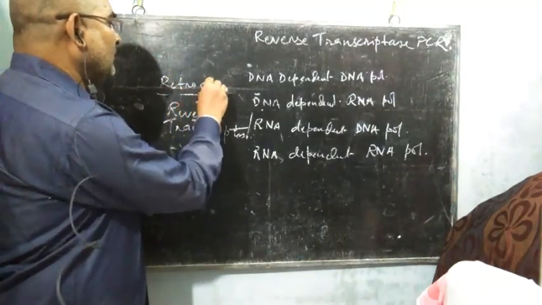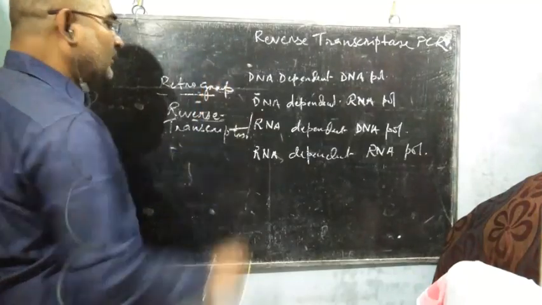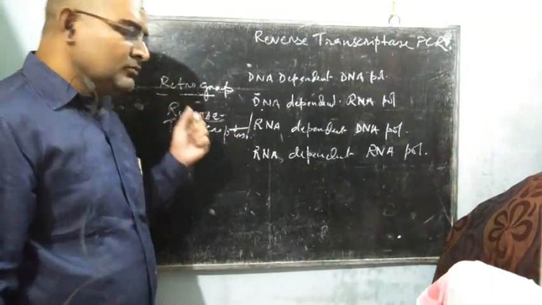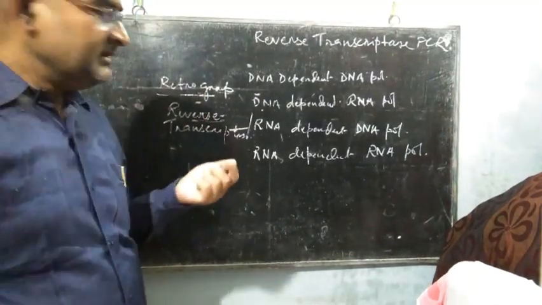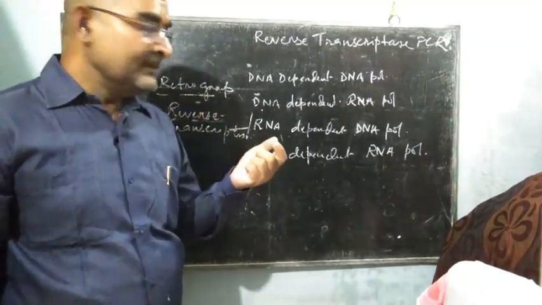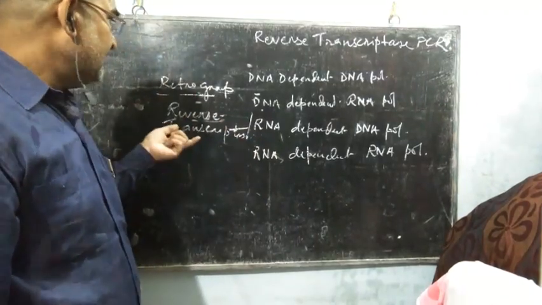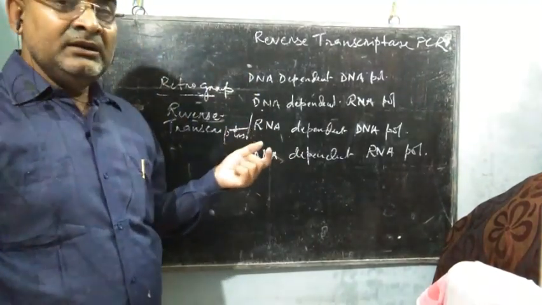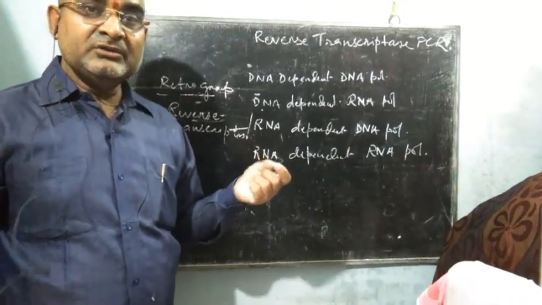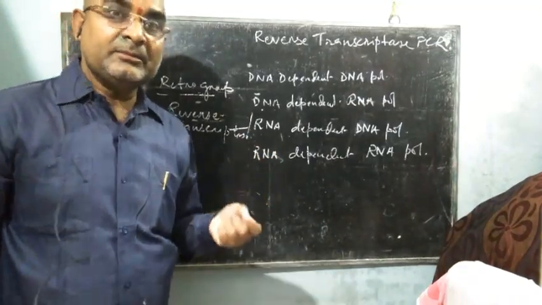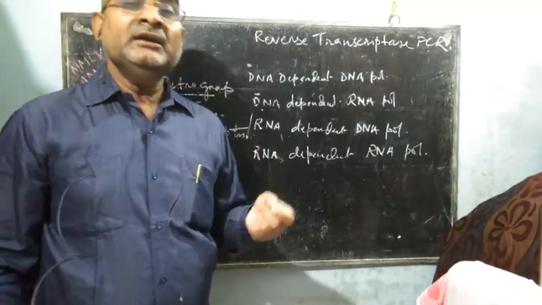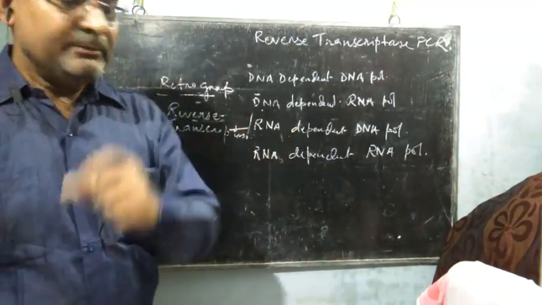The enzyme was first reported from the retro group of viruses, like AIDS. AIDS is also a retro group virus. It is responsible for the reverse transcription, and it changed the concept of the central dogma presented by Crick, that is the flow of the genetic message.